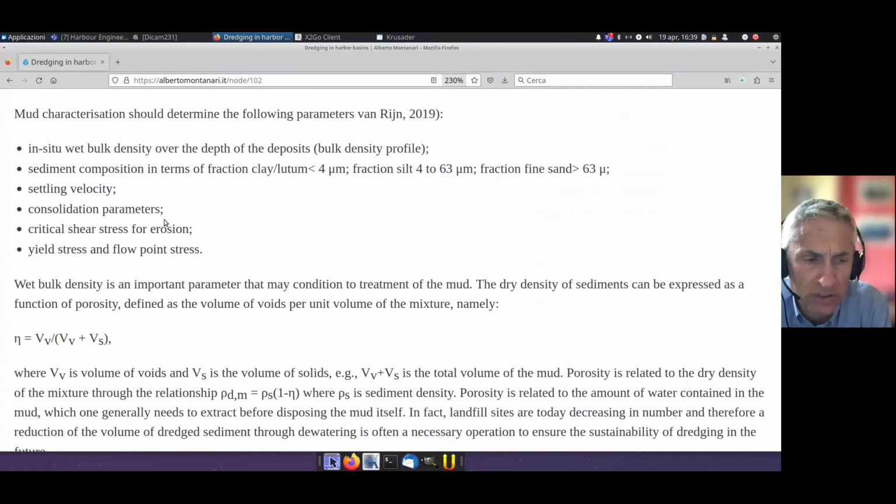You don't need to go into the details for these parameters. I'm just providing them for your information, but they are not the subject of questions for the exam.